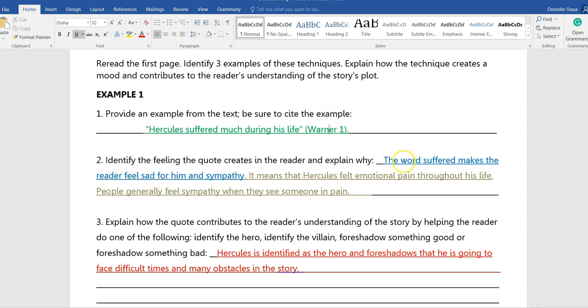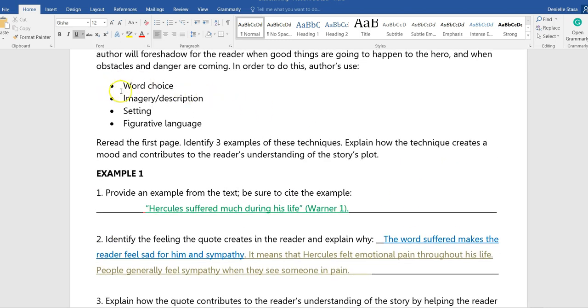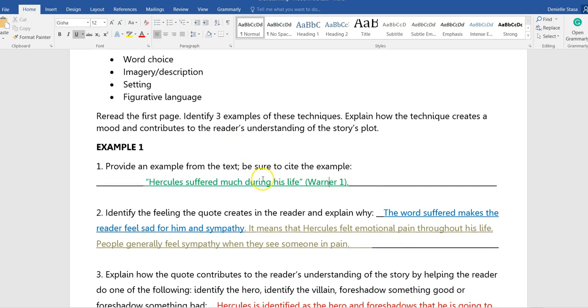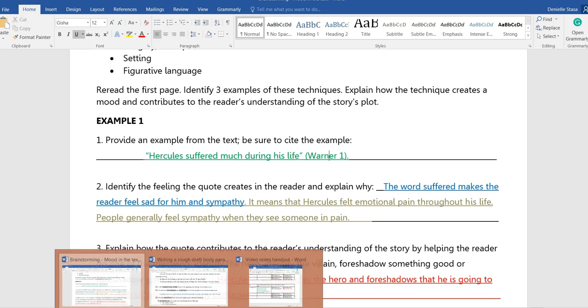And then down here, I said how we identify the feeling, right? The word suffered makes the reader feel sad for him and sympathy. So the technique, when I say the word suffered, the technique we're focusing on is word choice. So that's what I'm going to say in my first sentence there in my example.